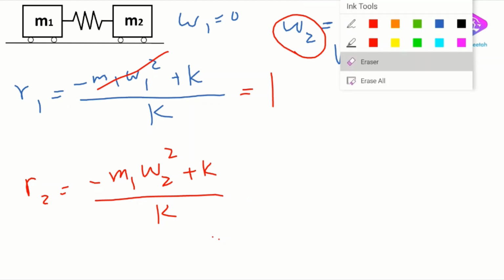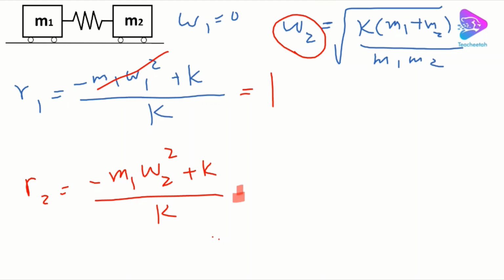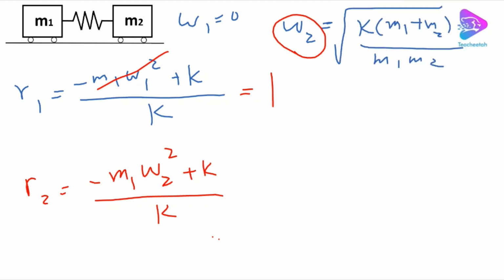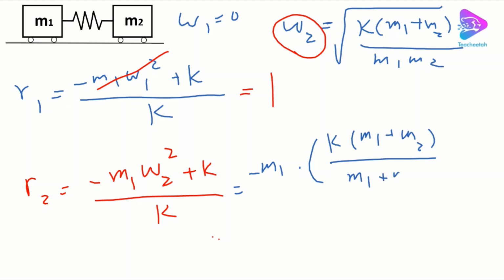So what we have here is equal to minus, I'm using a different color, minus m1 times k (m1 plus m2) divided by m1 m2, because it's a square root, plus k divided by k.